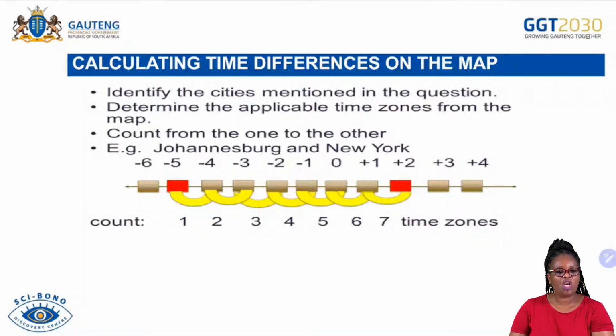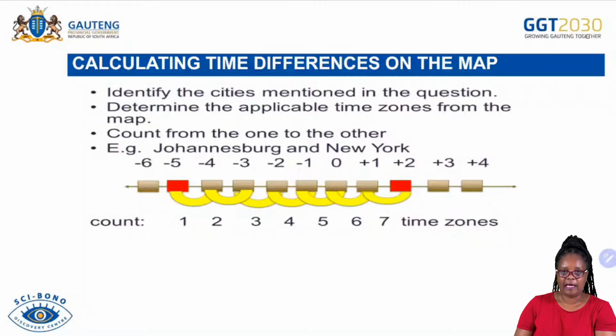You cannot do calculations without starting with this step. You need to know how to calculate the time difference without making a mistake. Because if you don't know, you will be one more or one less, and it will affect your final answer, and you will get it wrong.